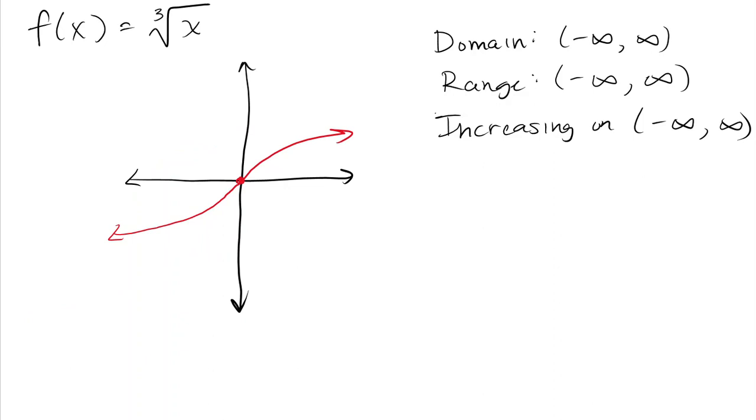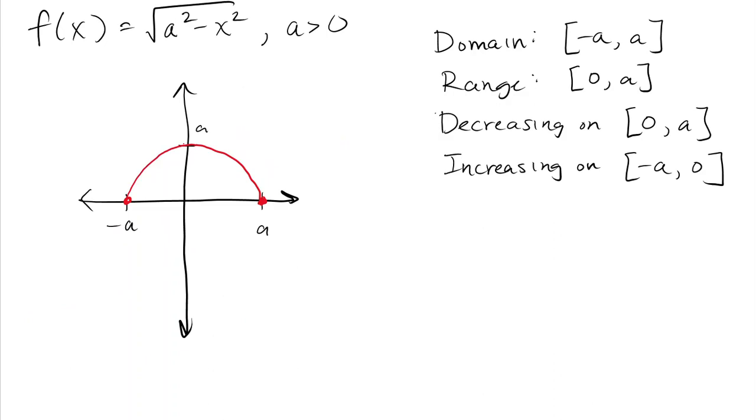The last graph is one that we're already familiar with, but we're just going to talk about it in general. If you have a function of the form square root of a squared minus x squared where a is a positive number, we know that that's a semicircle centered about the origin.